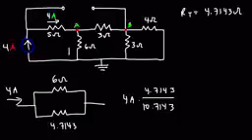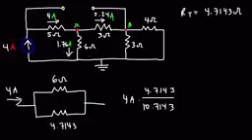So I got a current of 1.76 amps flowing through the 6 ohm resistor. Now, taking the difference between these two numbers, so 4 minus 1.76, that's going to give us the current flowing through the 3 ohm resistor. So that's a current of 2.24 amps.